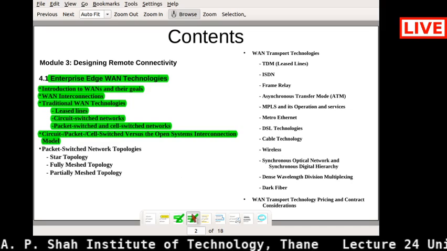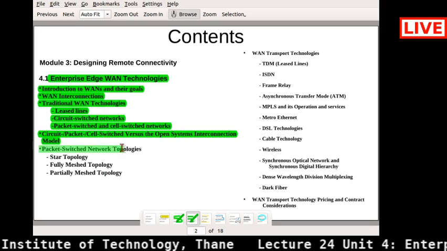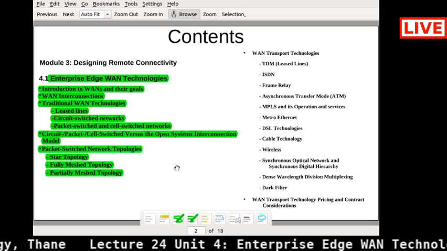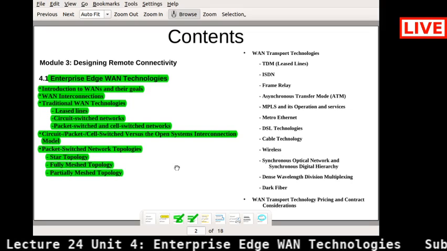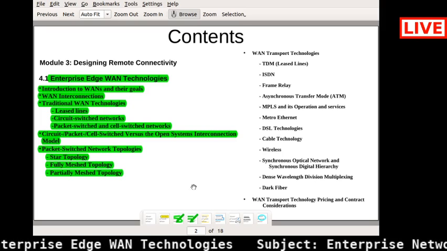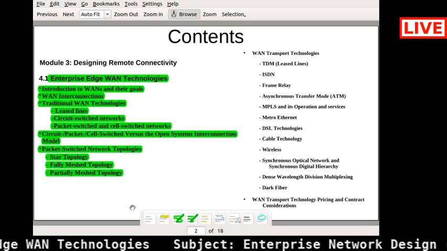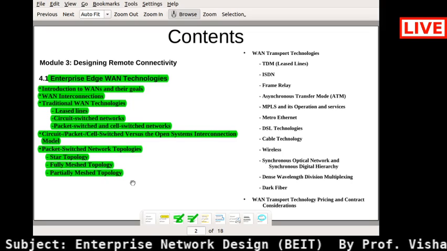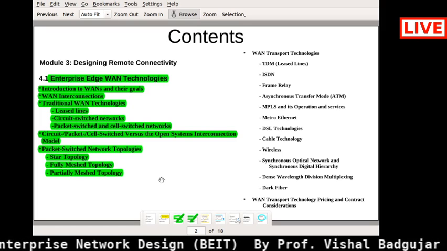Then we will see different topologies for packet switch networks: star, full mesh and partial mesh. We will look at the disadvantages of each topology, so we come to know which topology is helpful for a packet switch network.